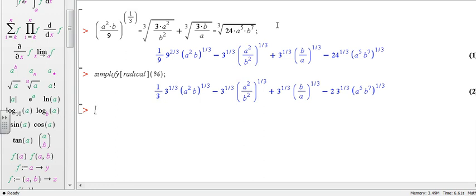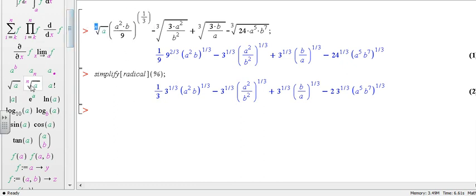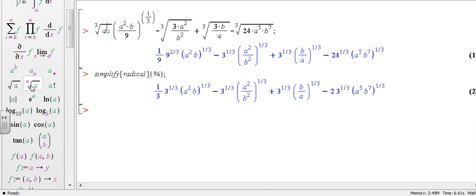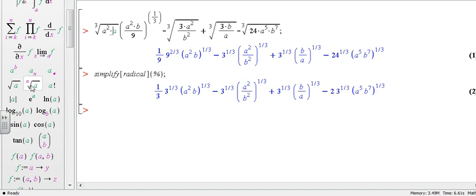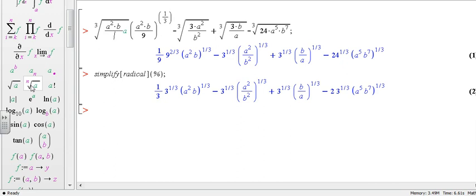So you want me to rewrite the first guy? Okay. So I'm going to rewrite the first guy. Right here. I'm going to put in third root of, and I'm going to have a squared times b divided by 9.